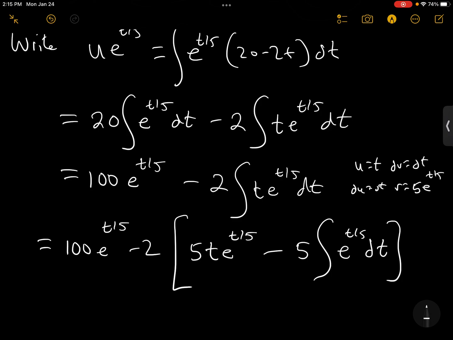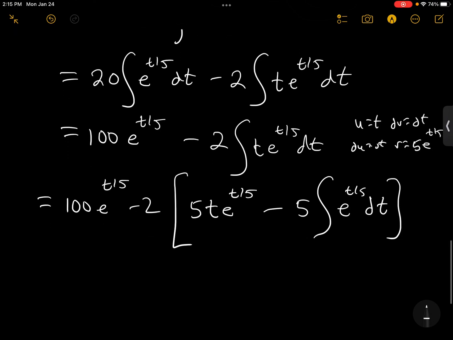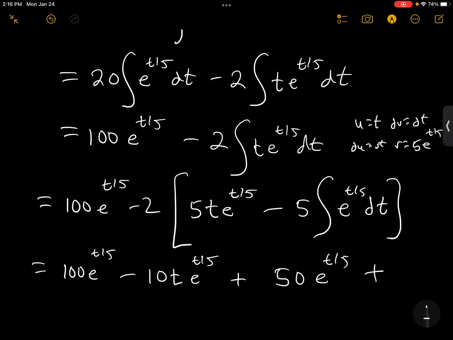Okay. All right, one more integration. So rewriting this, we have 100 e to the t over 5 minus 10t e to the t over 5 plus 50 e to the t over 5. And now we add the constant from all the integrals together on the right-hand side.